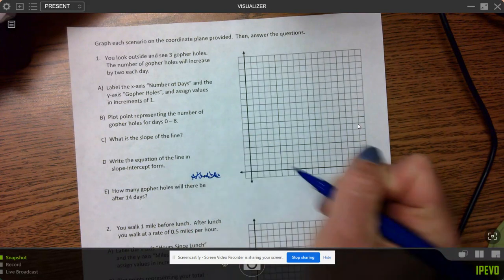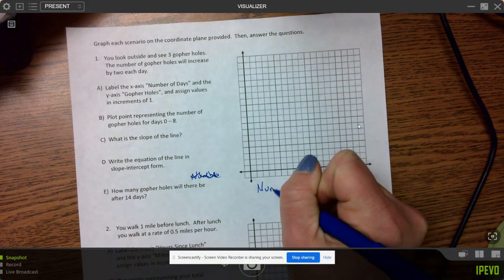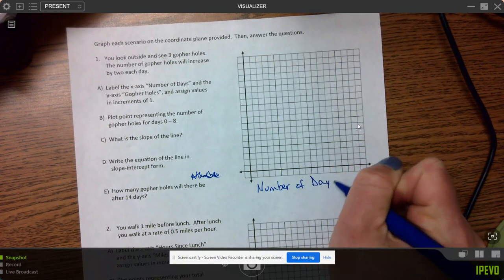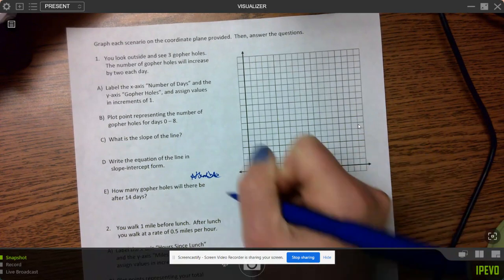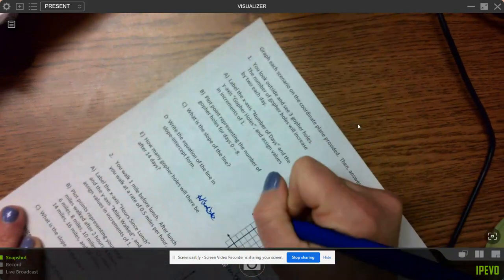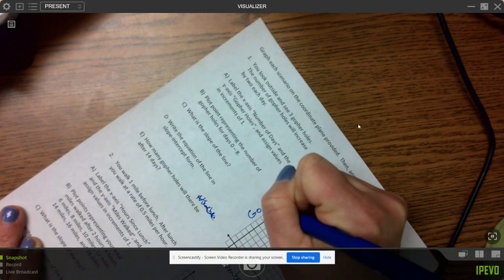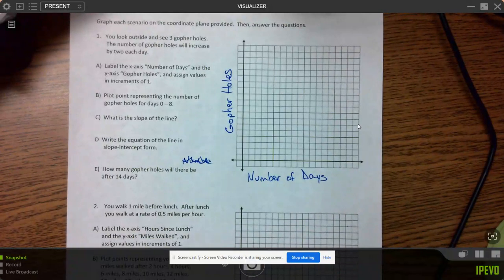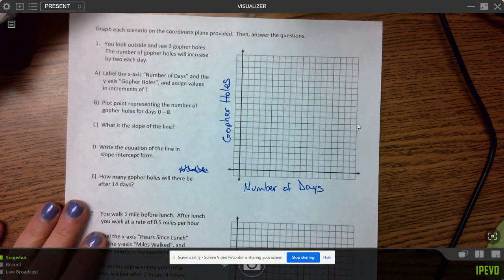Oh, you know what? I can write it under here. The number of days is for that x-axis. The y-axis should be the gopher holes. So we're going to write gopher holes going up the side. And assign values in increments of 1.